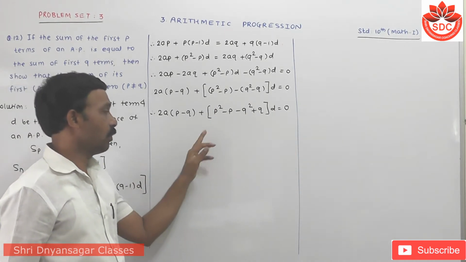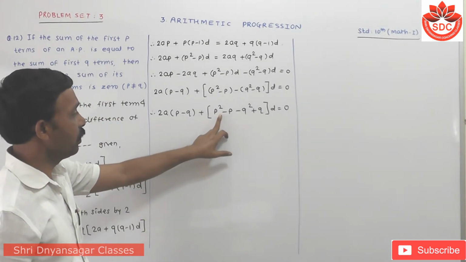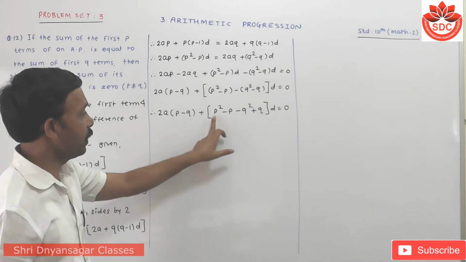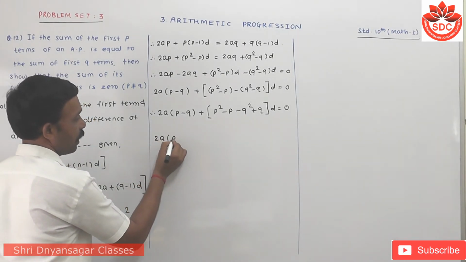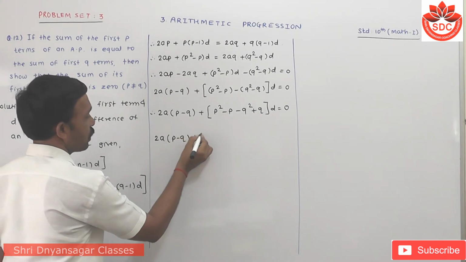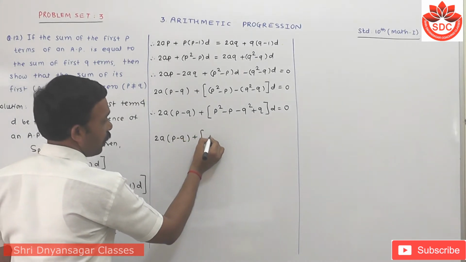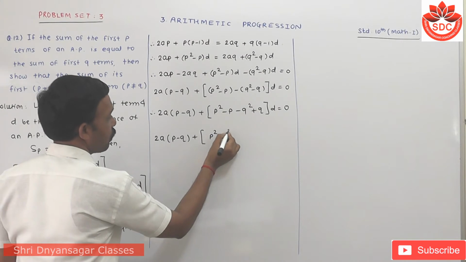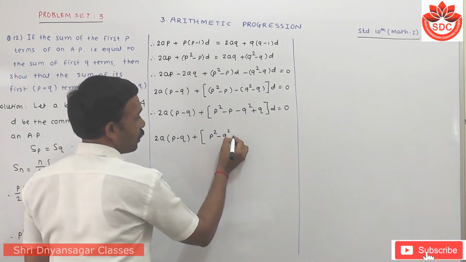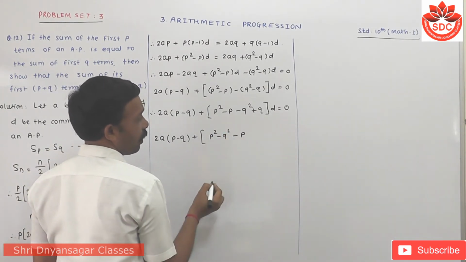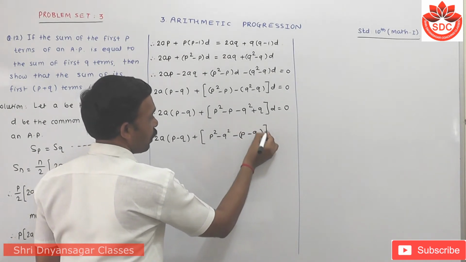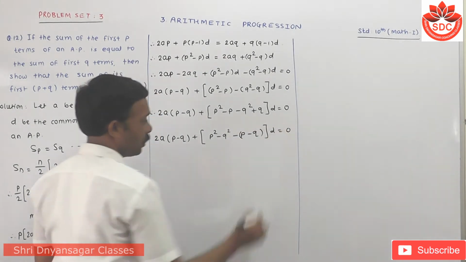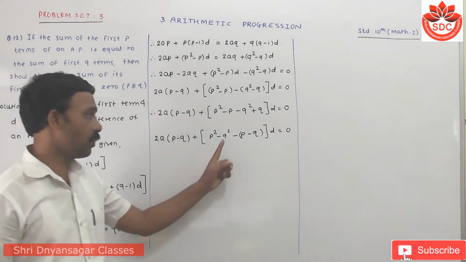You have to practice them also. Now student, I have to write this one as p square minus q square, so twice a in bracket p minus q plus in bracket p square minus q square minus p minus q into d is equal to 0. Can you understand how to write this?